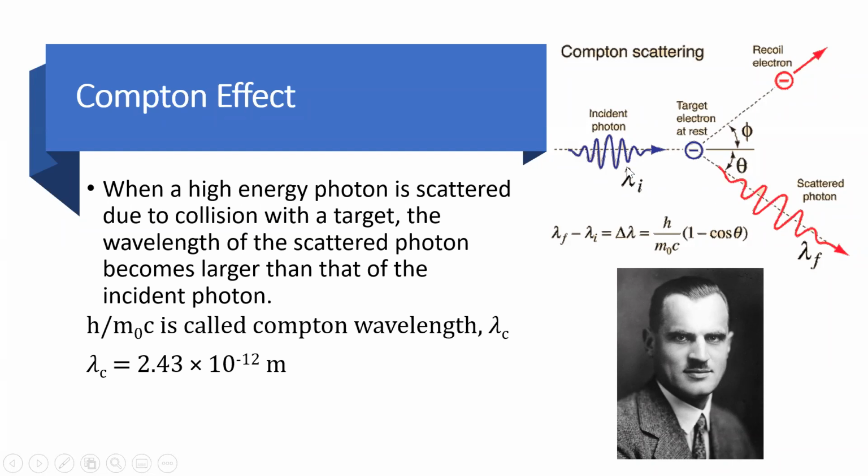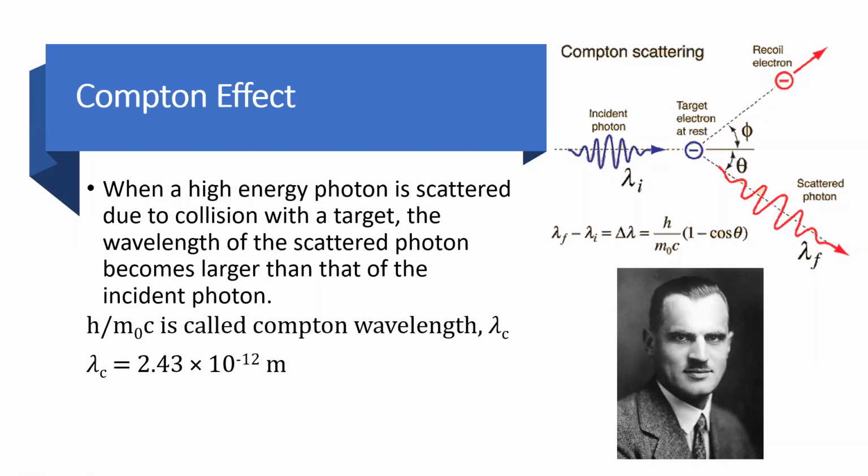Just for you to understand that the wavelength is increased, the incident photon is shown in blue and the scattered photon is shown in red. You know that red has more wavelength than blue. It's just symbolic in nature, but actually the Compton effect occurs in the X-ray region. So if a high energy X-ray photon is incident on a target, it can be an electron.